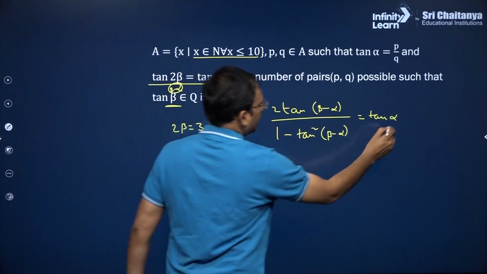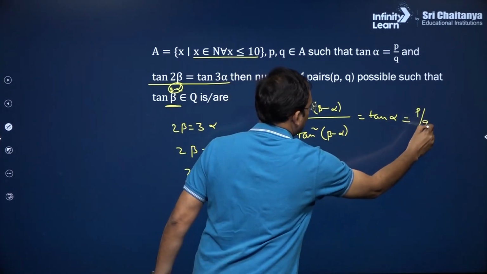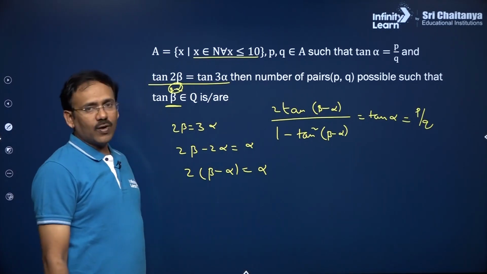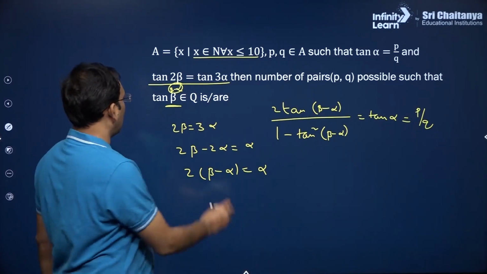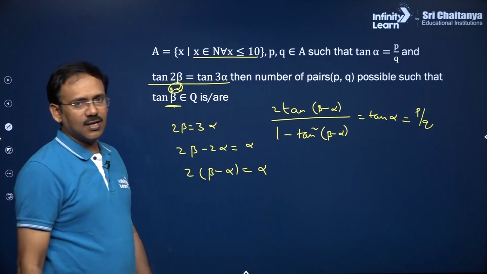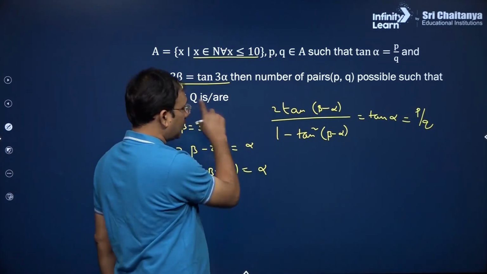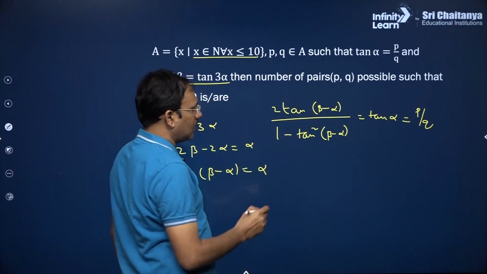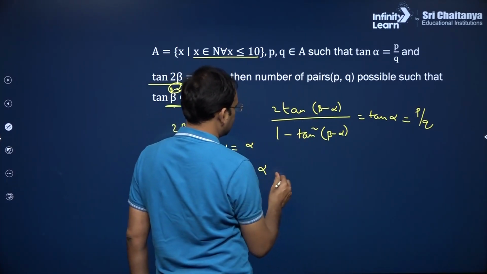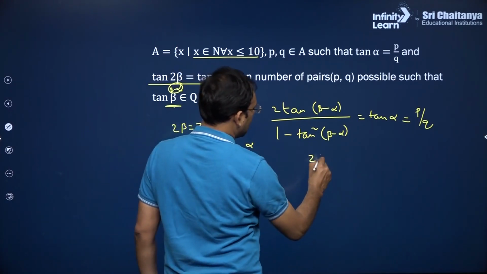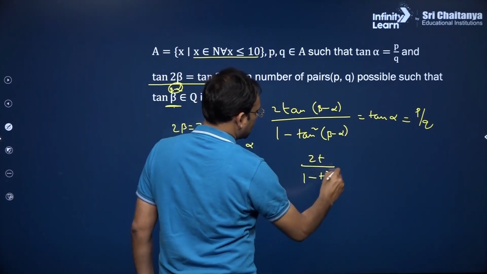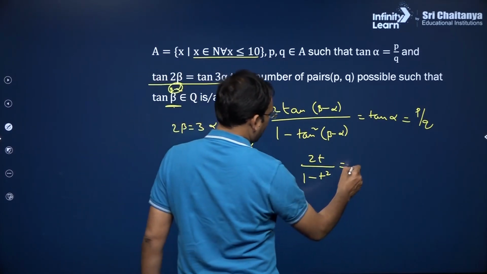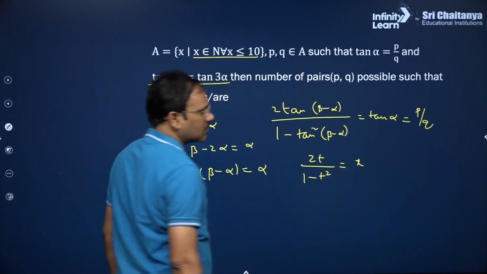But tan alpha is given as a rational number p by q, where p comma q are integers between 1 to 10. And he has also given tan beta is a rational number. So you just take tan of (beta minus alpha) as a rational number t, my dear friends. This is like 2t by 1 minus t square is equal to p by q, or some rational number.